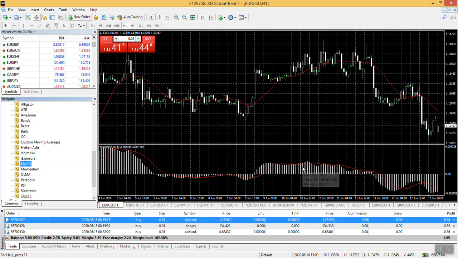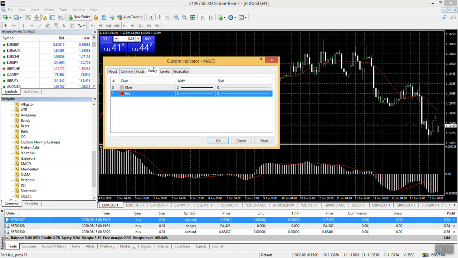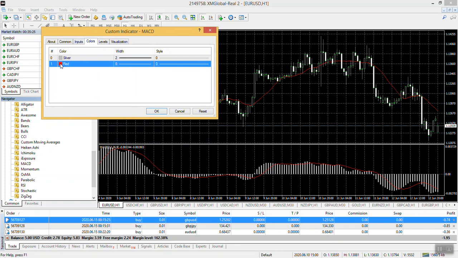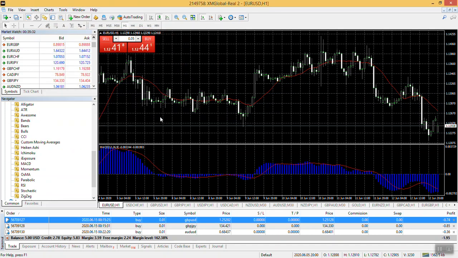Now note, you can change the colors. Just right click and go to the properties, and then go to the colors here. You see, here is silver and here is red. So here, instead of silver, I can make it blue color. You see, it has changed to blue.